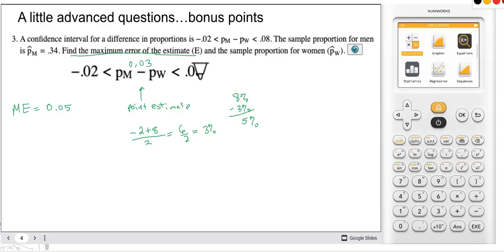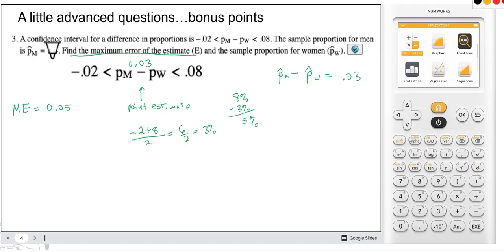Now the sample proportion, notice what we've got is P sub M minus P sub W is equal, in this case, to 0.03, because that's how we get the confidence interval based on the sample, right? So we know that the sample estimate, P hat of the men minus P hat of the women, needs to be equal to 0.03.